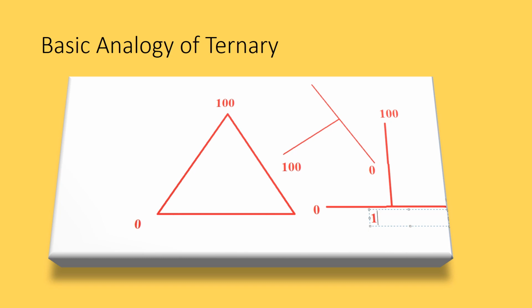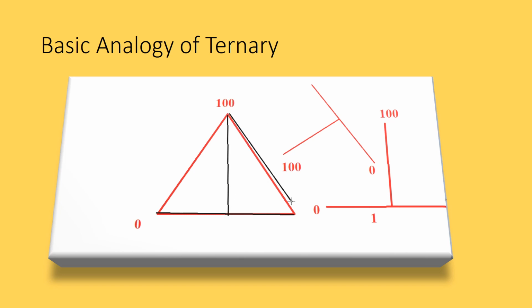We can put it in the triangle like that. This is an x-axis and its value is 0. Similarly, this is a y-axis and the top value is 100.